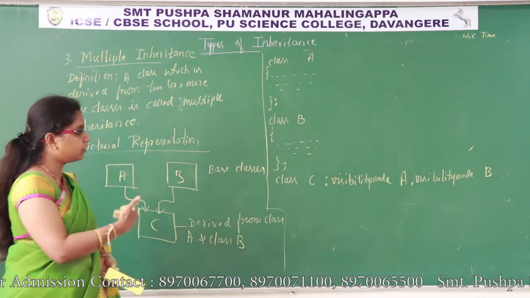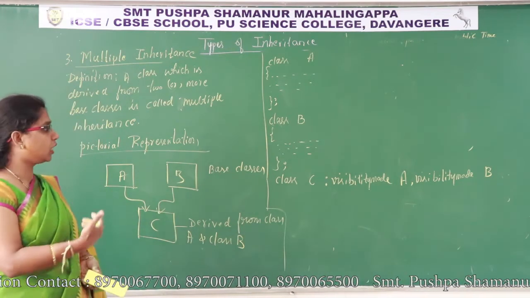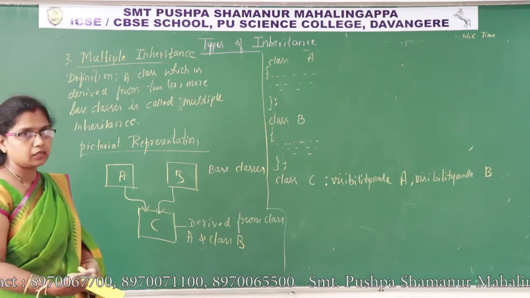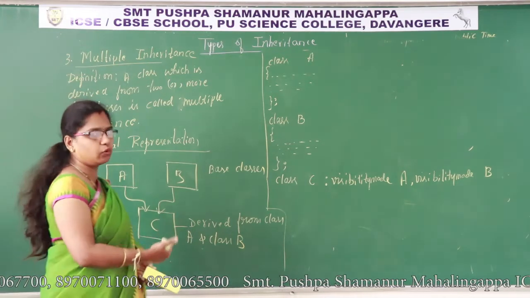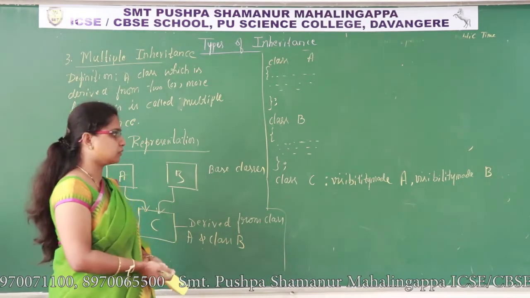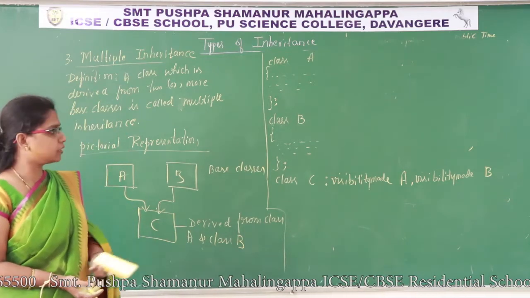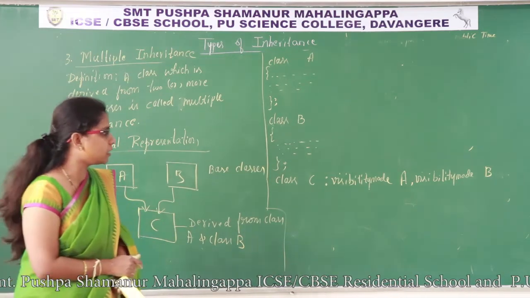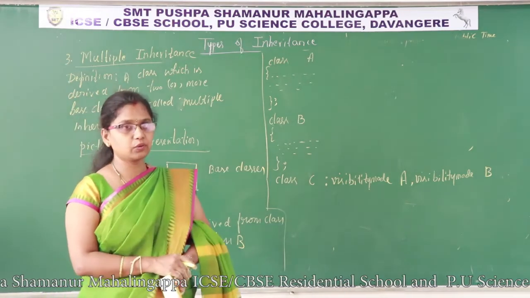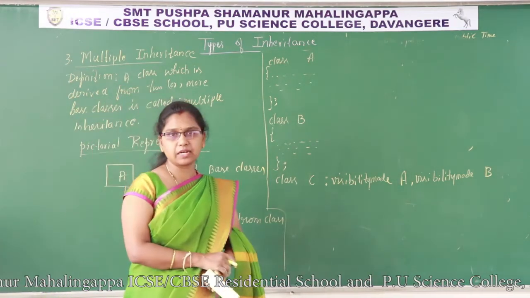In which visibility mode are you going to inherit class A, or class B? You can inherit those classes in different modes. If you inherit class A in private mode, you can inherit class B in public mode, like that.